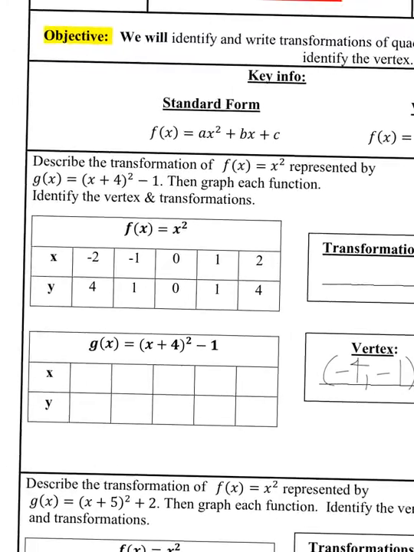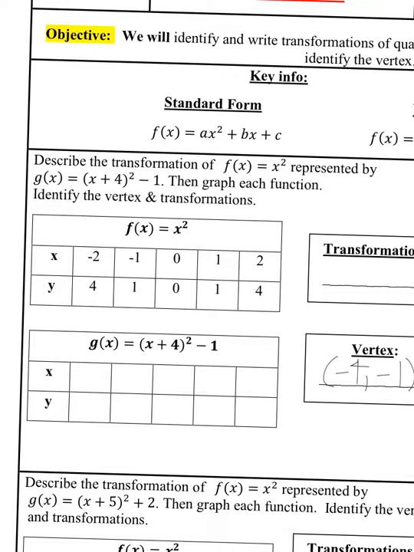So looking at the parent function, the vertex is right here in the middle, and you want to get in the habit of putting it in the middle, because you should treat your vertex like it's your pivot point. Quadratic functions go down 4, 1, 0, 1, 4, so it's turning at that vertex.